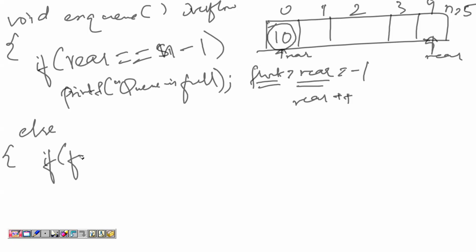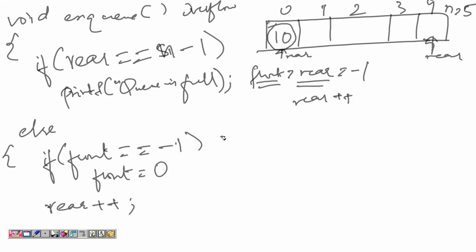We'll check if front is equal to -1, we will initialize 0 to the front value. Then we will do rear plus plus. Why are you incrementing the rear part?